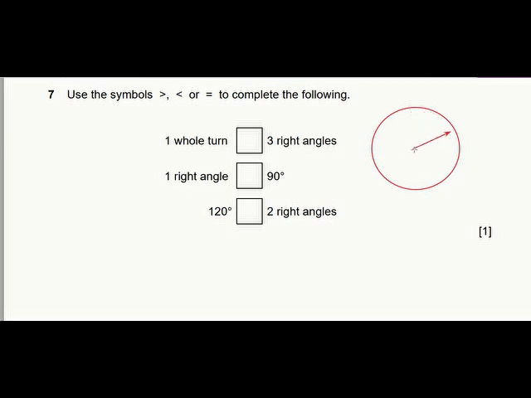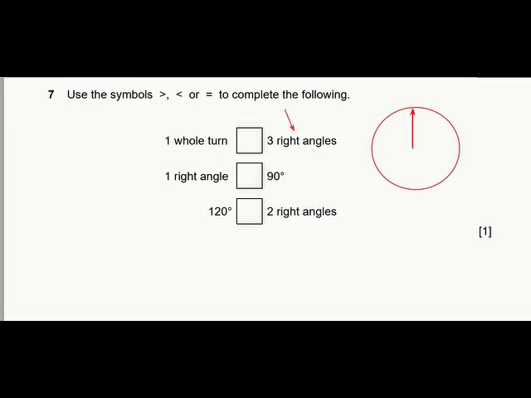So we are talking about 1 complete turn. How many degrees are there if I start here and I go 90 degrees, 180 degrees, 270 degrees? Well, there are 360. In a whole turn, there are 360 degrees.